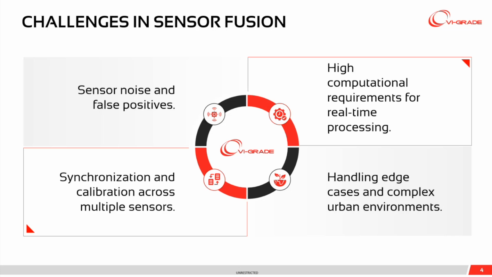Obviously, some of these algorithms require a lot of machine learning, AI type capabilities. So there is a high computational requirement put onto that, and doing that in real time, to make a real time decision, becomes a challenge. Onboard compute becomes very, very important. And then there are also edge cases when we're simulating ADAS capabilities. 90% of what you see can be predicted.